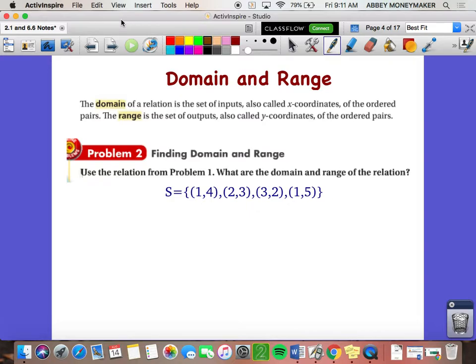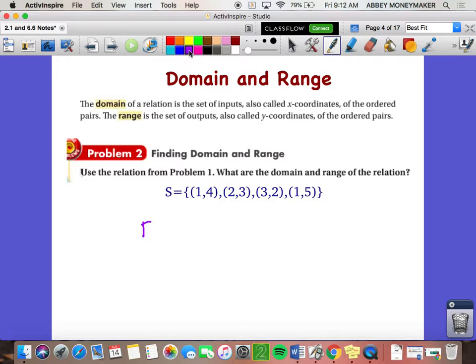So from problem number 1, they want us to list the domain and range. Now, this is really important and it's really particular. Mathematicians want to be concise yet accurate. So here, we're just going to list what we see. We're not going to create an inequality statement. You are literally just going to list the numbers in numerical order as you see them.